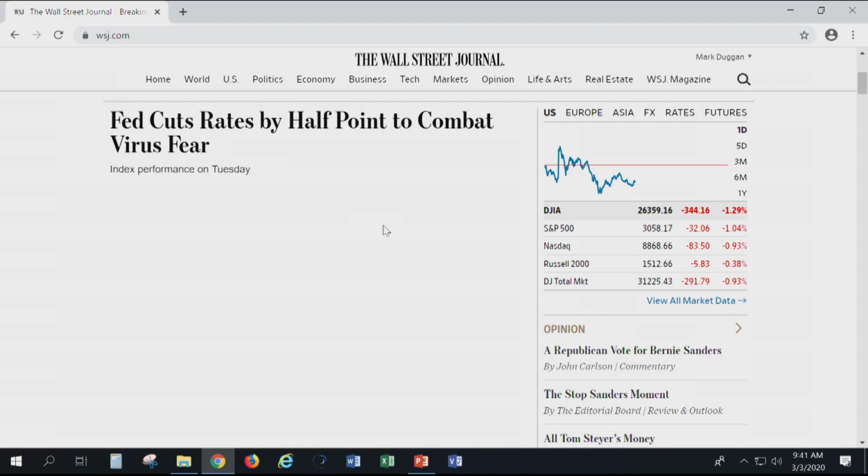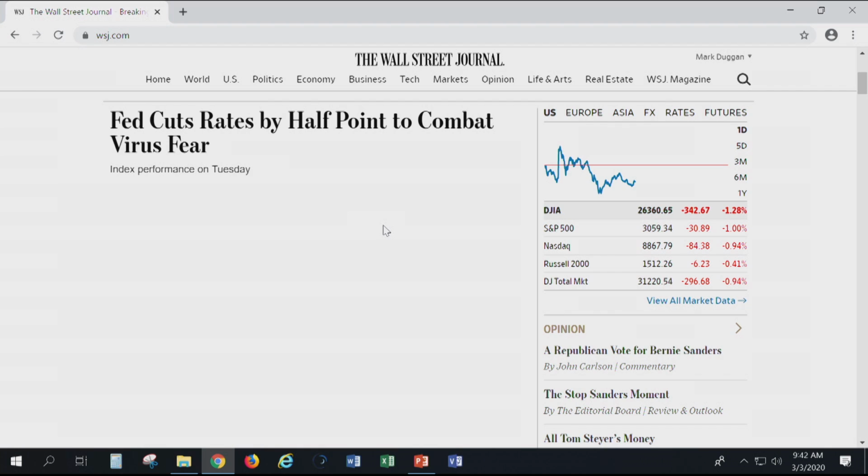And partly, they are doing this because the Federal Reserve, and we're going to talk more about what the Federal Reserve is and what its history is, is worried that all of this concern about coronavirus is going to lead to a huge drop in business confidence and consumer confidence.